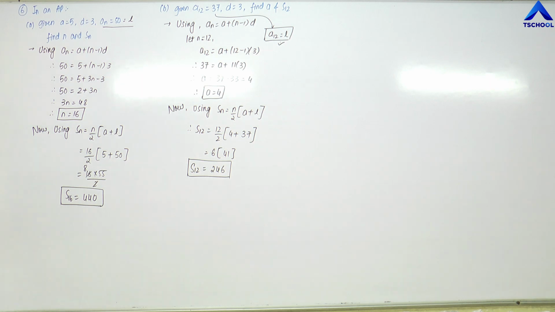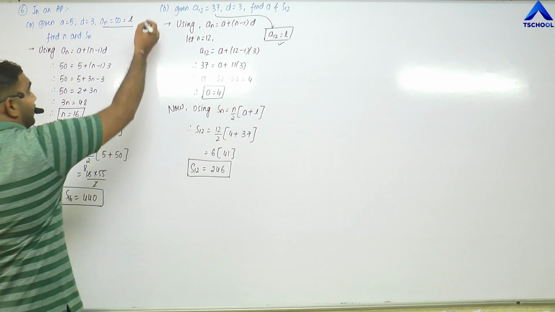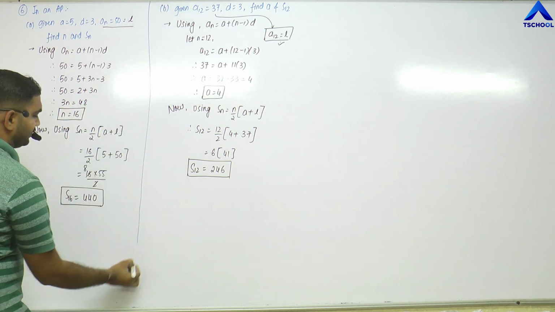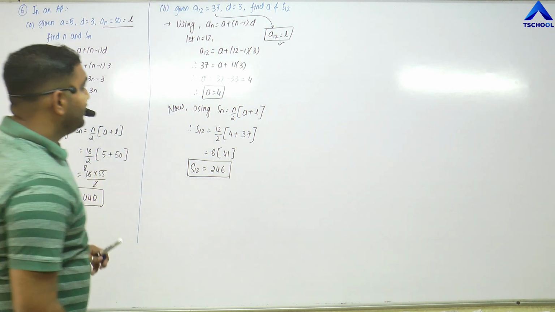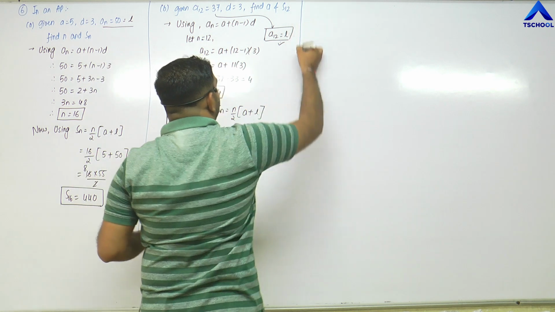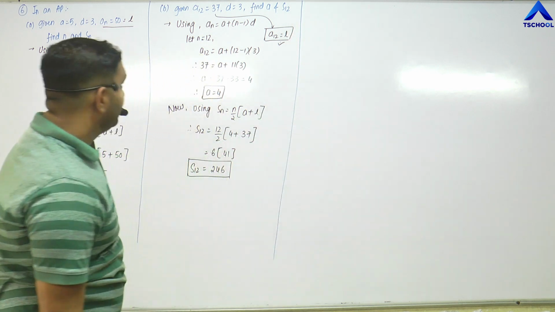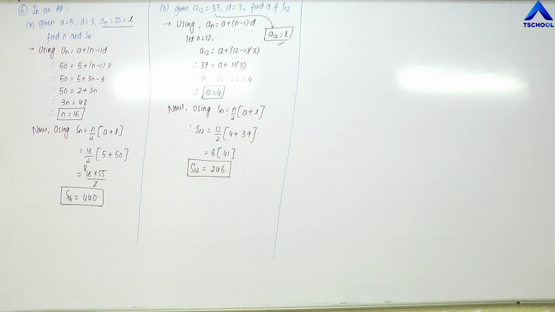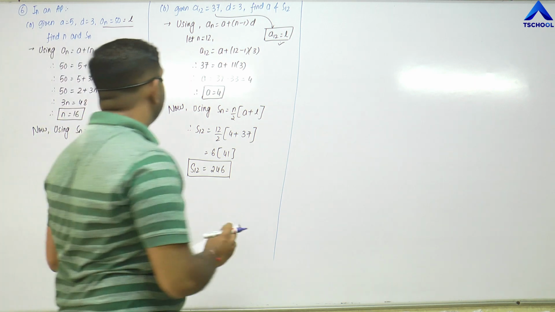Is it clear, friends? So the given data is A12 and D, and we had to find out the values of A and S12. Now the next case is somewhat of a reverse type.